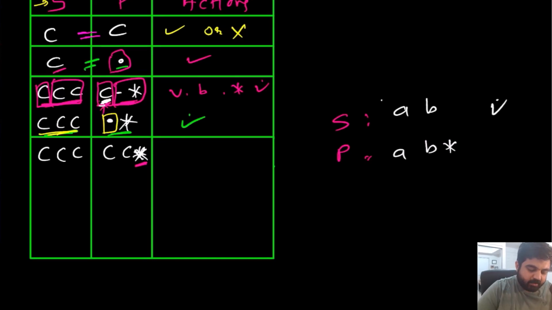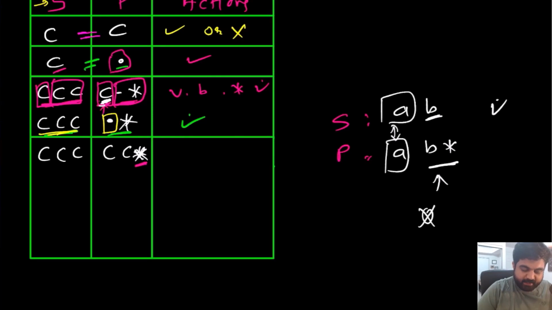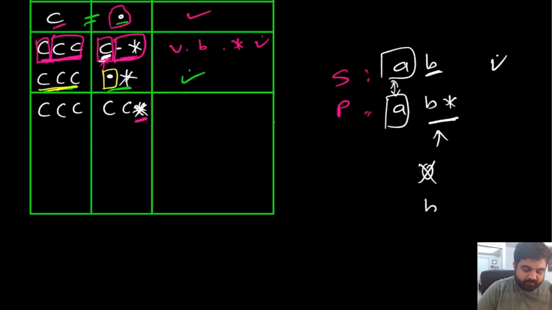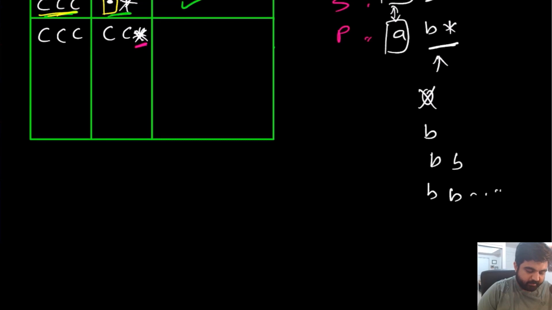Why? Because this is the first value, and this is a match in itself. And over here we only have one value of B. Now over here we have B star. So this B star could represent that we don't have any values, or we have one value of B, or two values of B, or infinite values of B all across the board, whatever we want to choose.